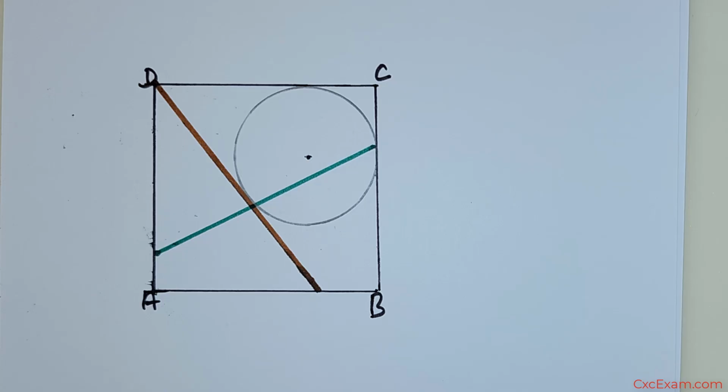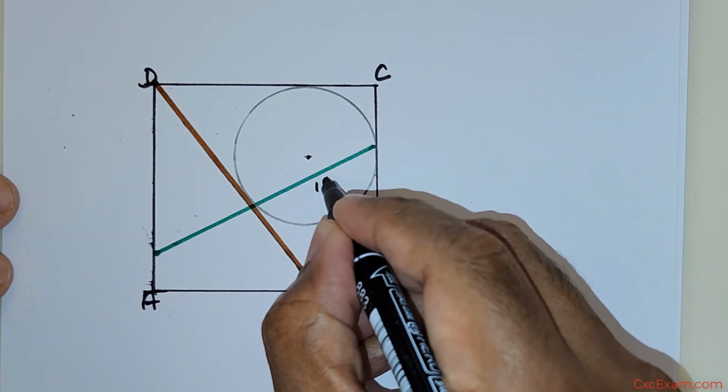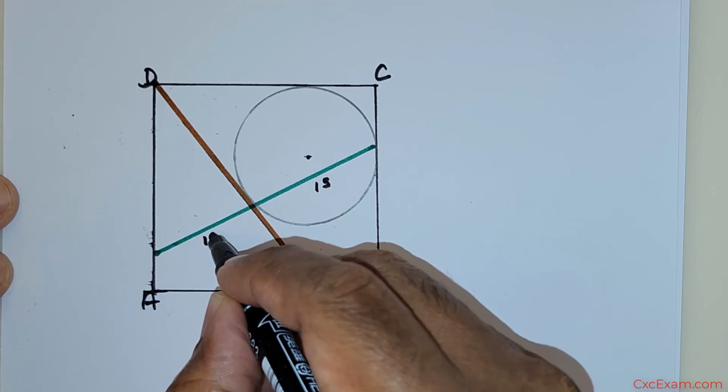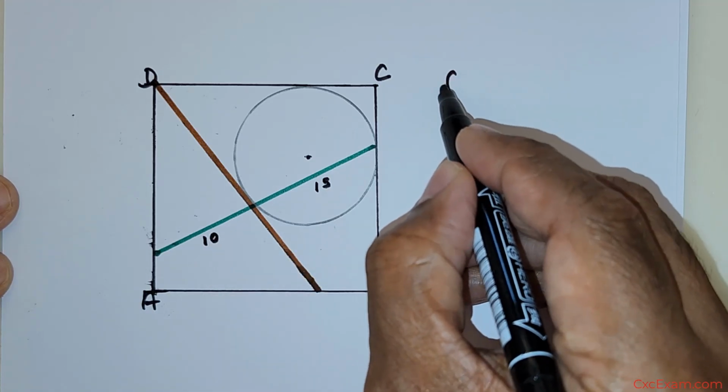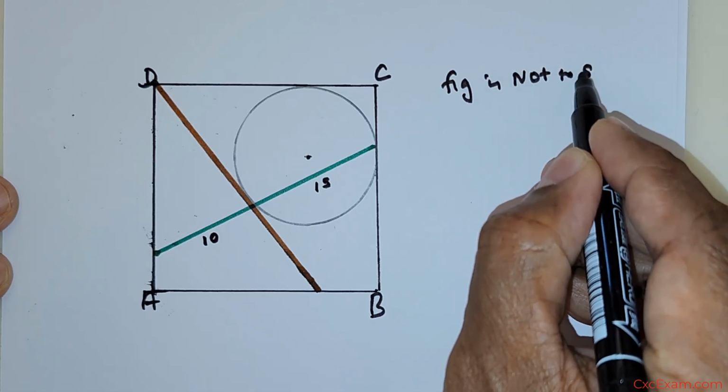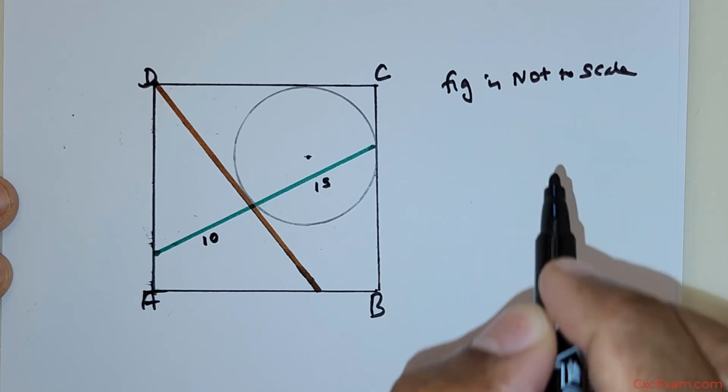Now this distance is given as 15 units. This distance is given as 10 units. Figure is not to scale. Okay.